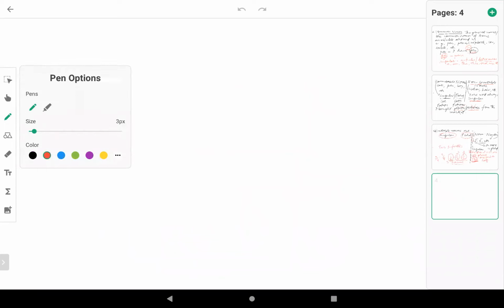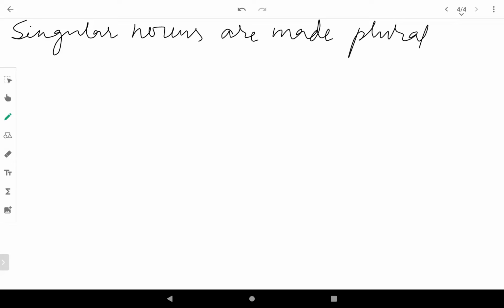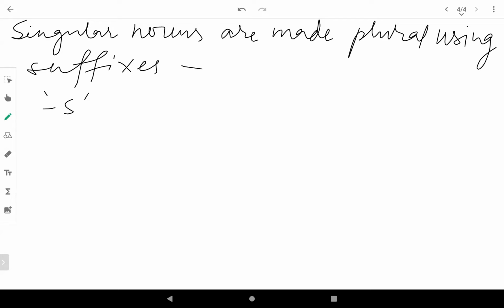Now remember, singular nouns are made plural using the suffixes s, es, ies, ves, or en.